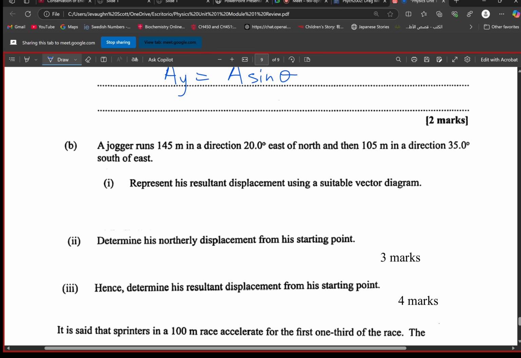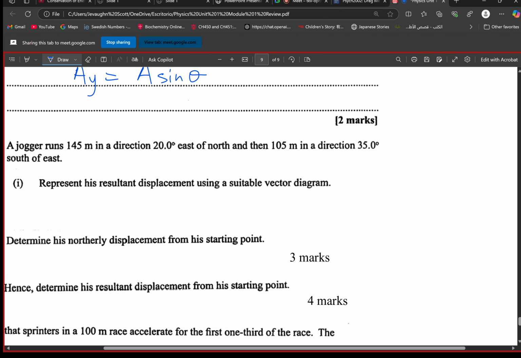So we're looking at a jogger. He's running, let's have an axis. He is running 20 degrees east of north. So specifically, east of north would be in what direction here?